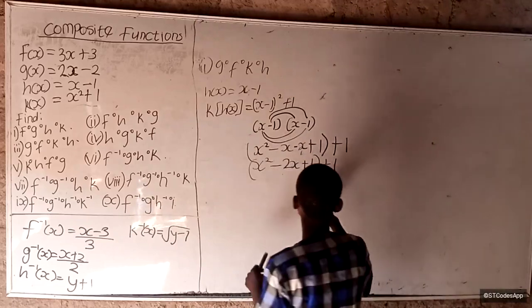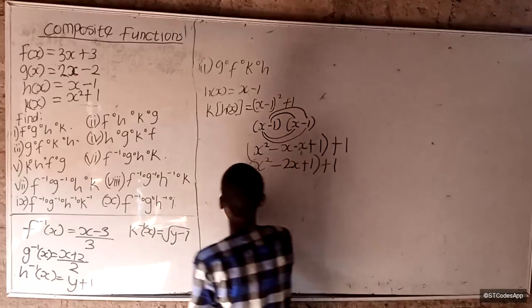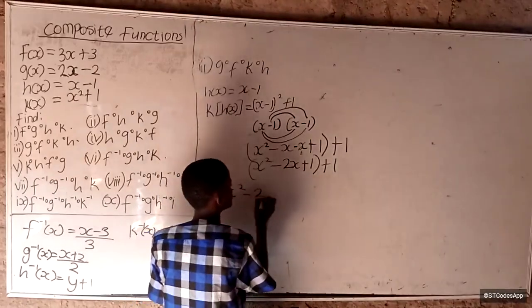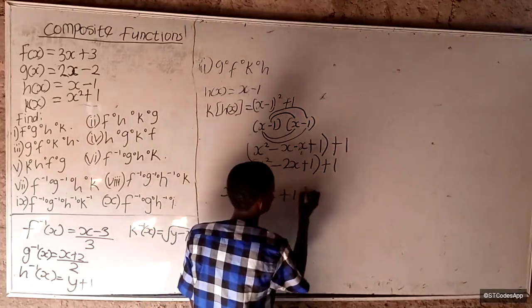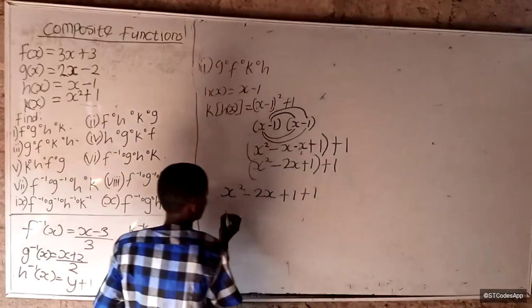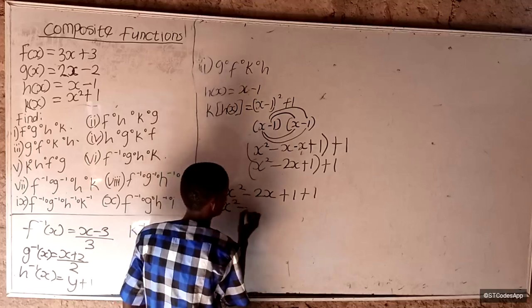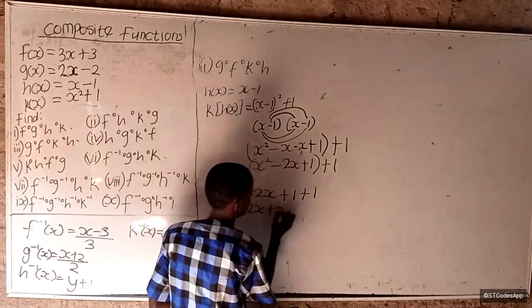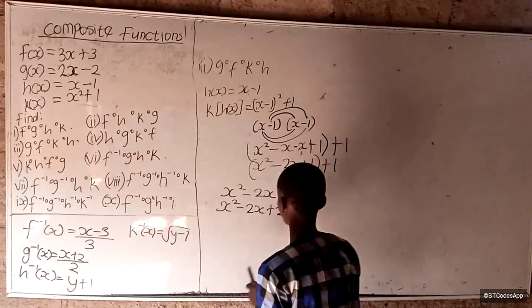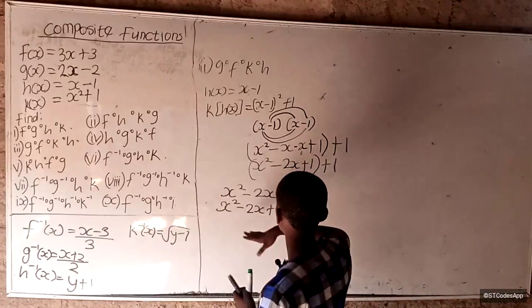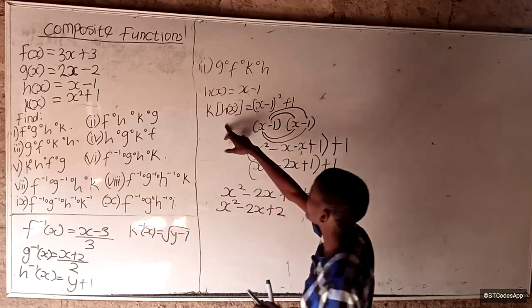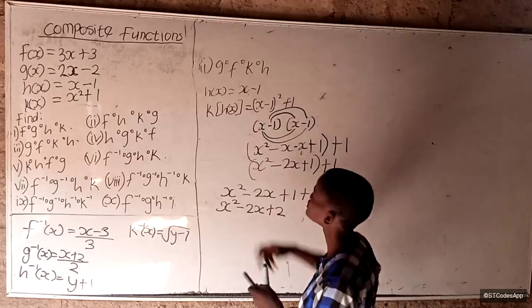We are going to open bracket to give us x squared minus 2x plus 1 plus 1. Solving for that, we have x squared minus 2x plus 2. So that's the value for our k of h of x.